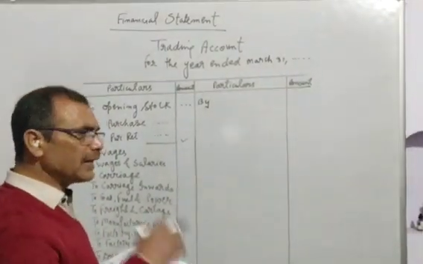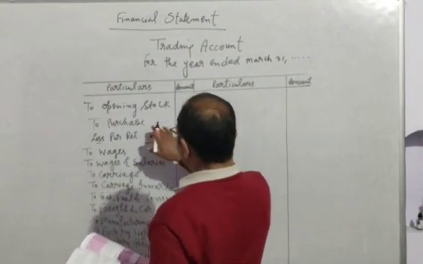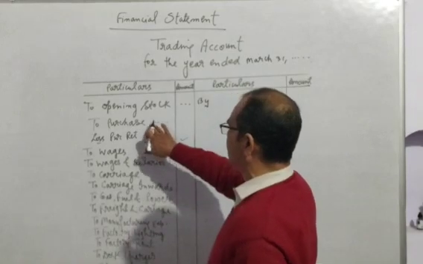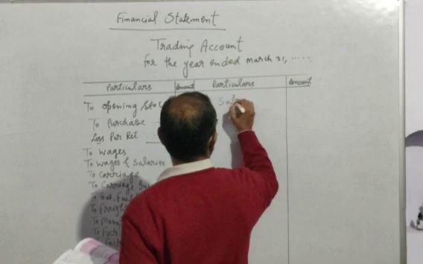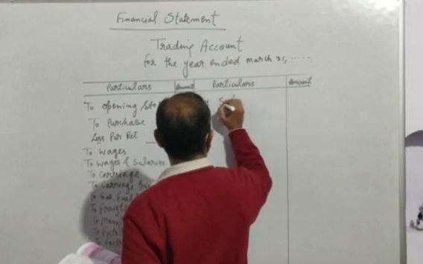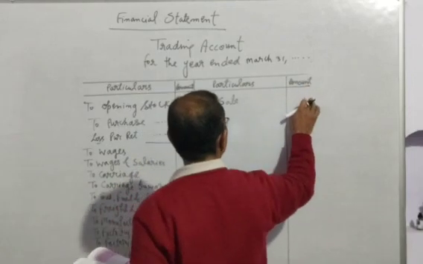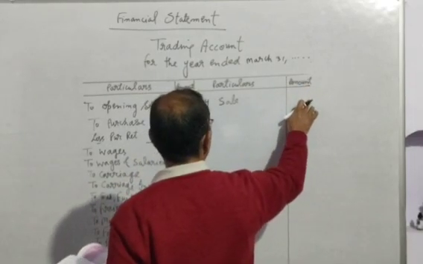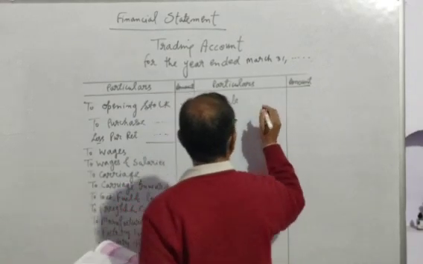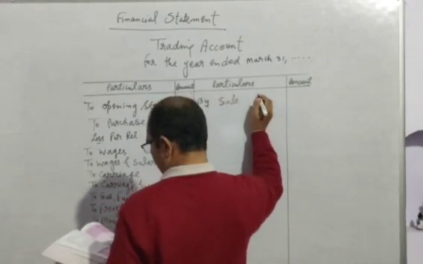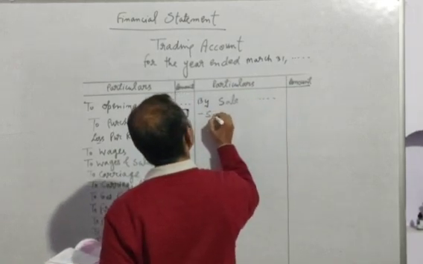Now we will see the credit side. As we have written purchase in the debit side, in the same way sale will come here in the credit side, and if the amount of sale is given, it will be entered in the amount column. But if sales return is given, at that time sales will be entered inside, and after that we will deduct sales return.